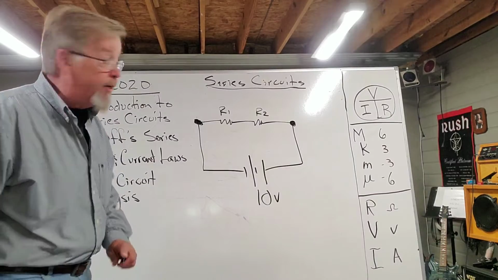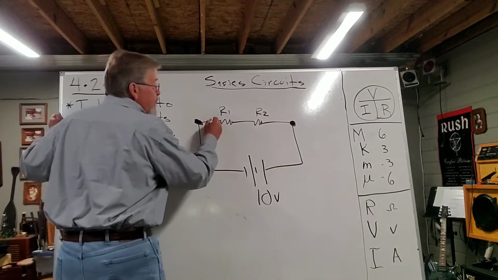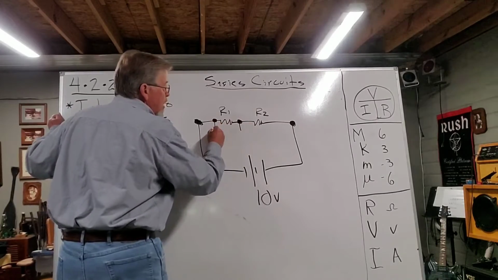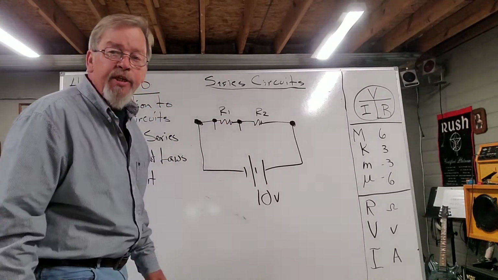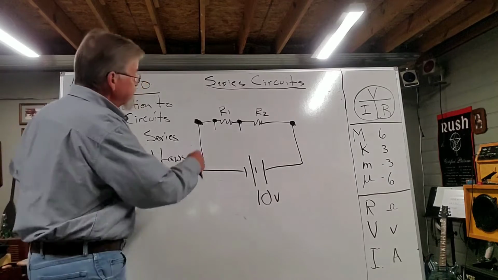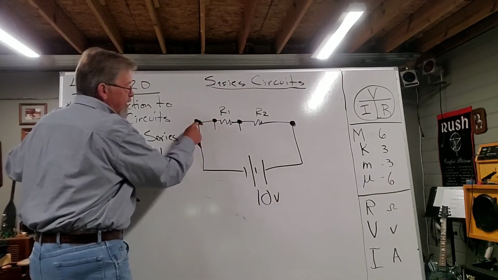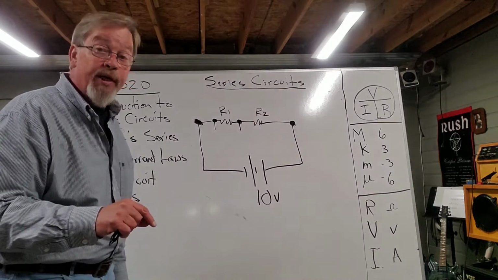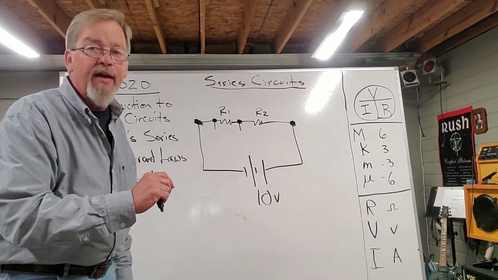Now, how about from here to here? Will I have that same 10 volts? Well, I'll tell you this. This point right here and this point, electrically that's considered the same point because they're connected directly together.